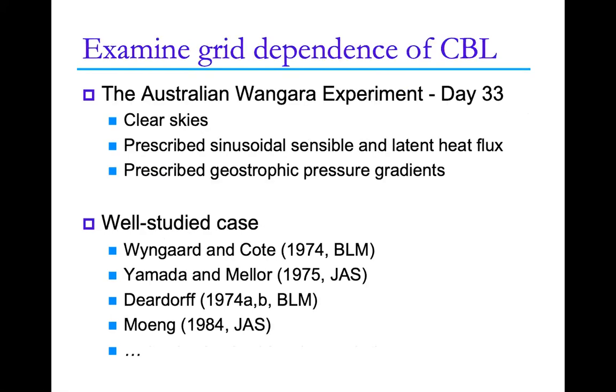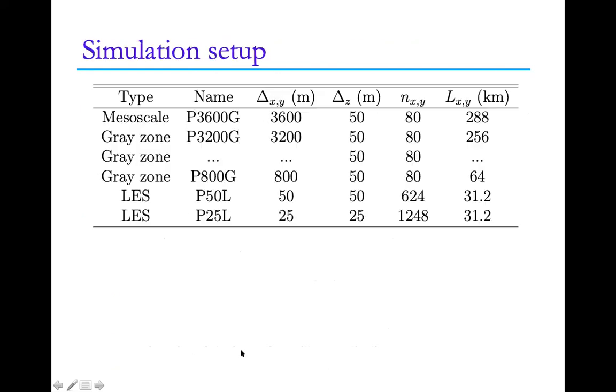To test this, we set up the classic Wangara experiment day. It's just a prescribed sinusoidal heat flux at the ground, prescribed lateral forcing, and a clear boundary layer. It's a very well-studied case, and we looked at it with different resolutions: at the mesoscale, running at 3.6-kilometer resolution, at the LES scale, going down to 25 meters or 50 meters, and in between, looking at some gray zone resolutions.